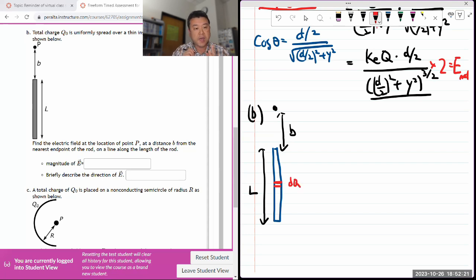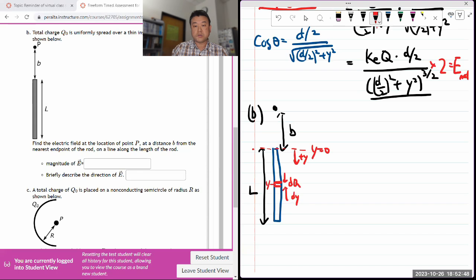And you want to have parameters for expressing this representative element. Let's say I'm going to say my y is equal to 0 here. So this is at some position, and my positive y goes downward, and this is at some location y. That's the expression I'm going to use, and the thickness, or length, of this can be expressed with dy.